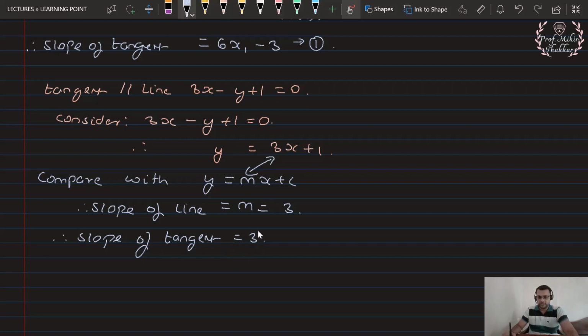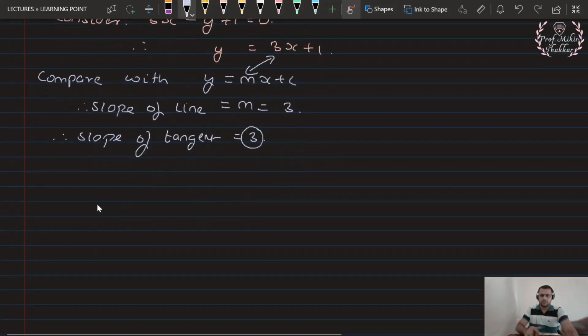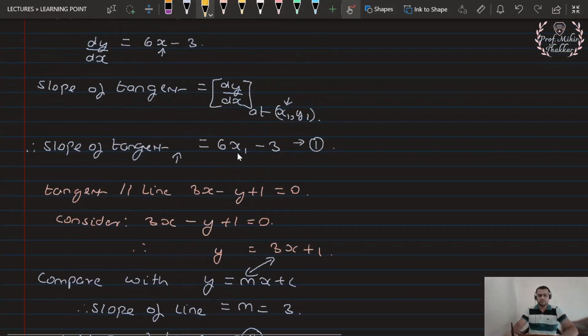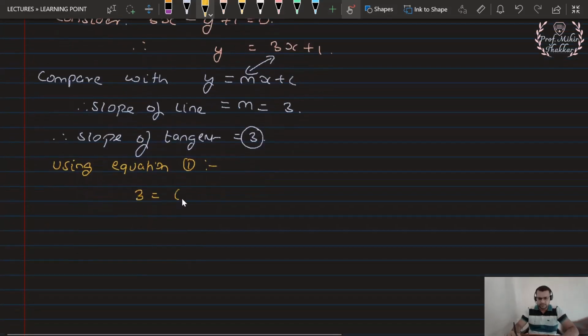Now, because I know that the slope of tangent is 3, I can substitute this in equation 1. So now we will say over here, using equation 1, 3 is equal to 6x1 minus 3.